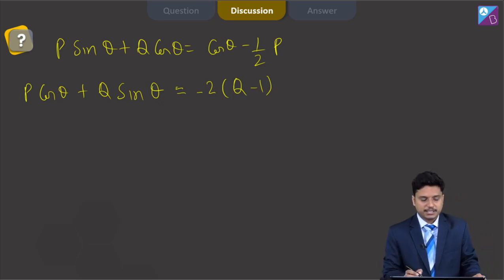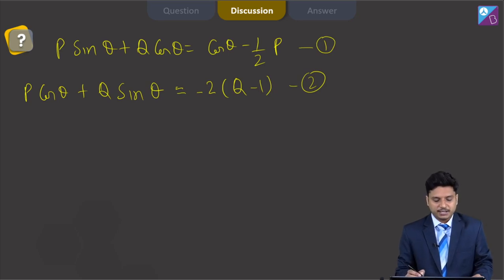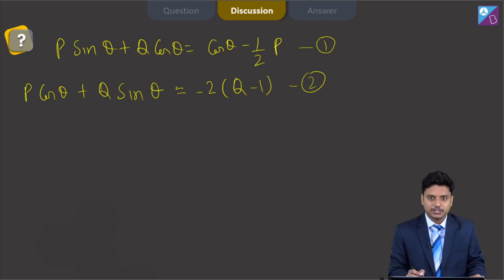These two equations are there. First equation p sin theta plus q cos theta, and second equation p cos theta plus q sin theta. As we have tried to find equation 1, we can also find equation 2. What we have to do is simply multiply cos theta into p and sin theta into q, then add it, and this will get converted into minus 2 into q minus 1.